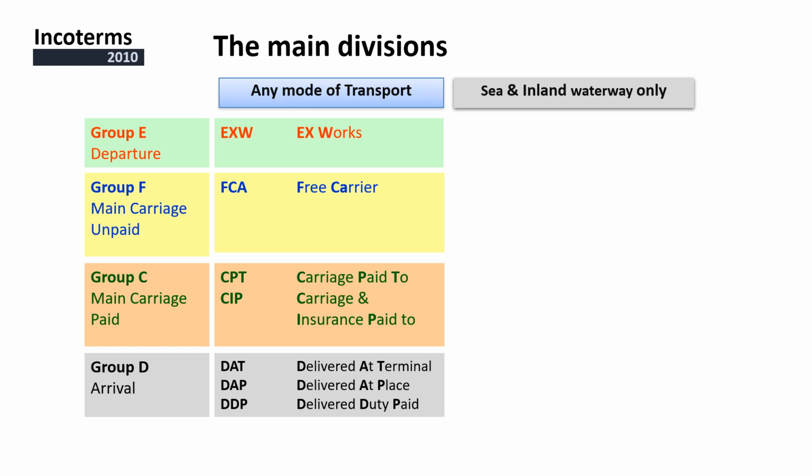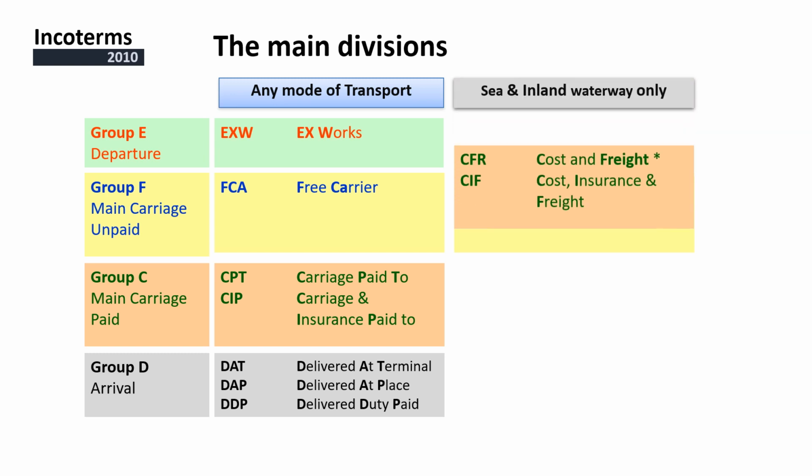Now we have 4 terms which are only for sea transport or inland waterways, where there is no other mode of transport. Here we have only 2 groups, starting from group F, which is FAS and FOB. FAS stands for free alongside ship and FOB is free on board the ship.